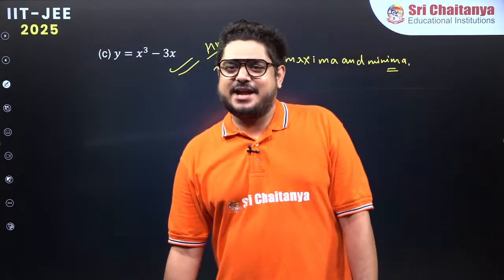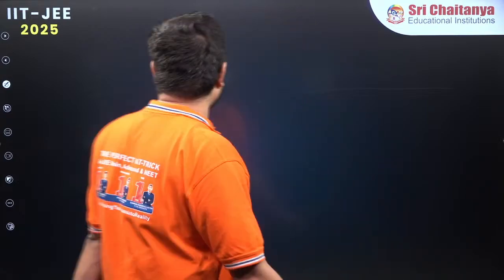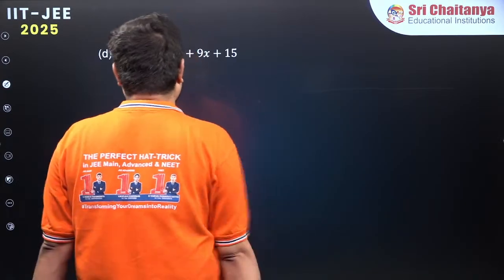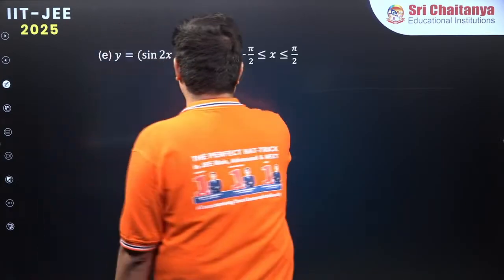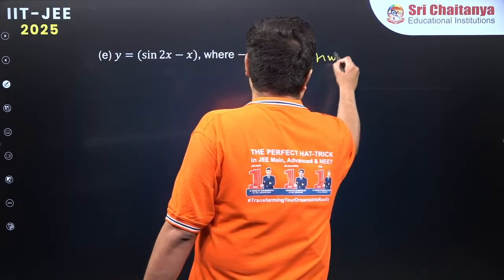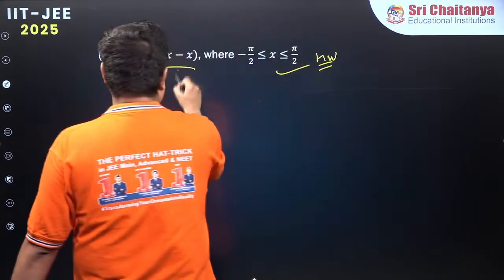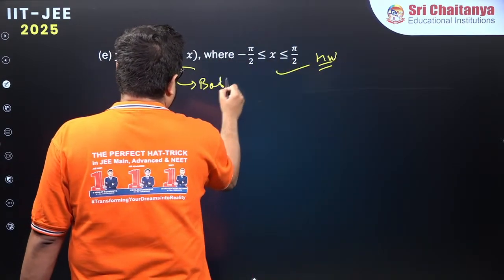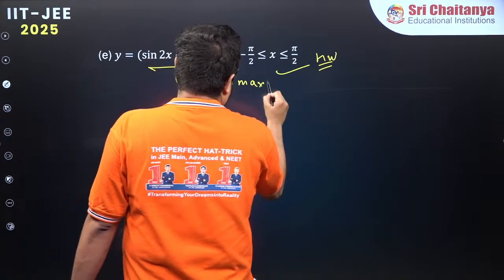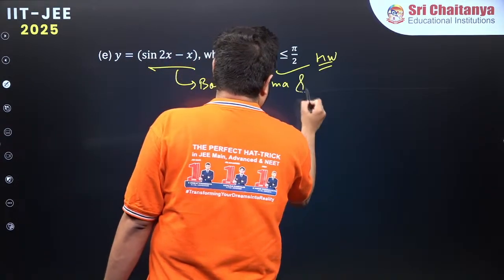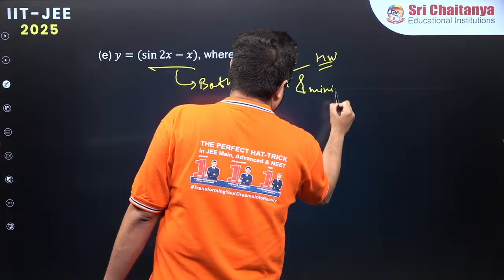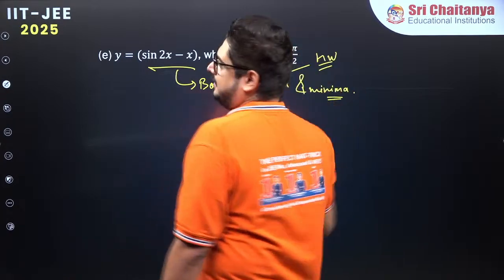Give a try at your home. There are 3 questions actually. This one you can try, but I will be asking you to solve this one as well. Once again, these trigonometric functions will be having both maxima and minima. So I believe that every one of you can think about solving this question as your homework.